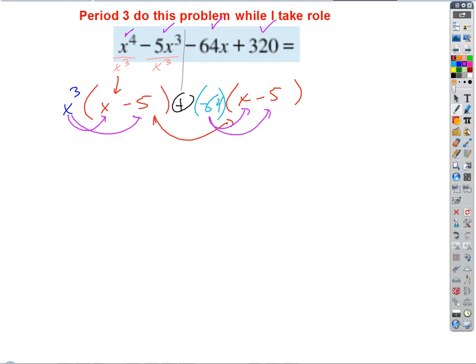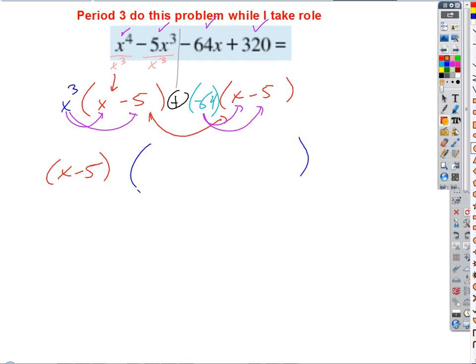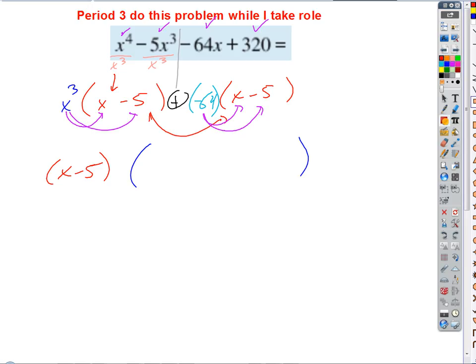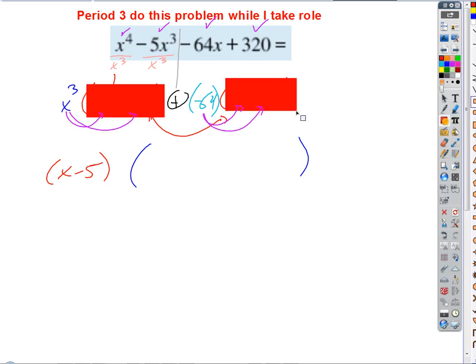What are the factors in the second term? Were any of those the same in both groups? The x minus 5 was. Good. So we could factor that out, undistribute it. We factored that out, so now it's gone. What's left behind?